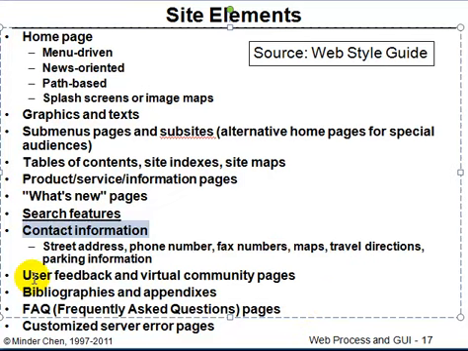Have some feedback and virtual community pages to interact with the users. Frequently asked questions, particularly if you have some technical product that the user may have questions about. And you may want to customize your server error page so it makes more sense to the user.